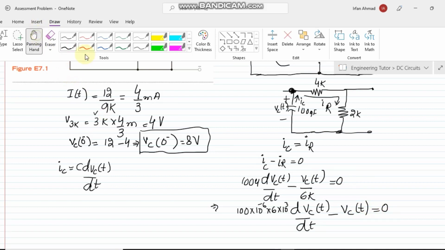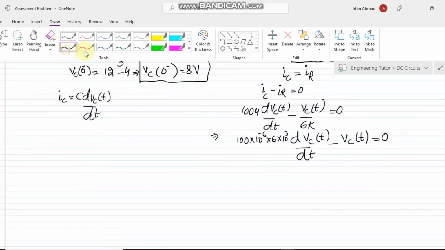Now here the 10 to the power 3 will cancel out with this one, so 600 multiplied by 1 over 1000 will be 0.6. So 0.6 dVC(t) divided by dt minus VC(t) equal to 0.